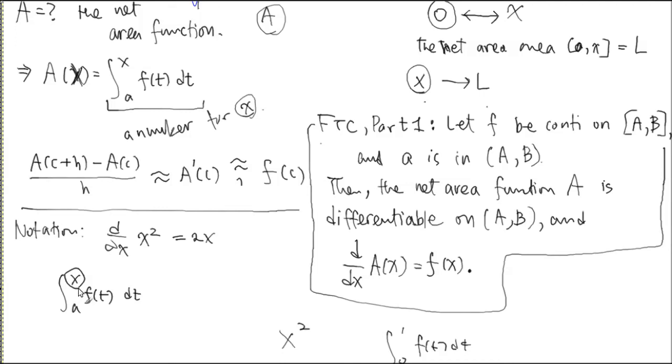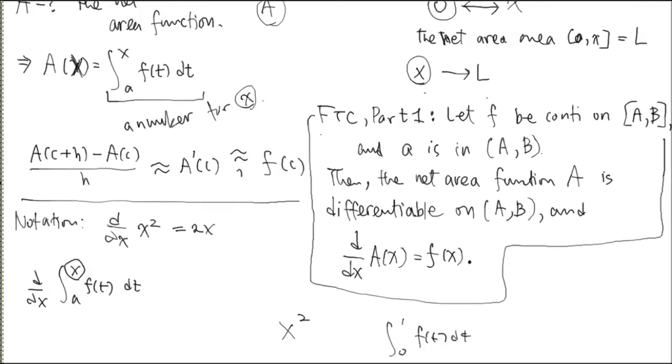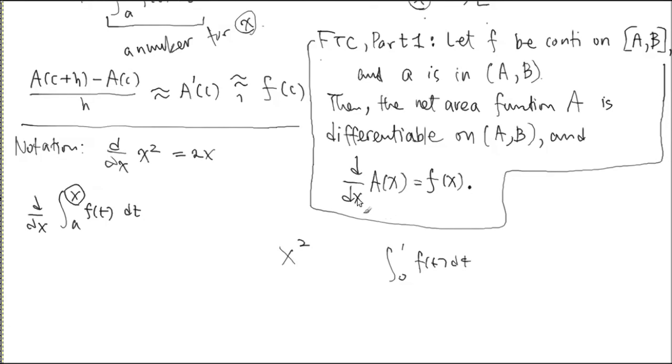Net area function. But I didn't name it A(x) here. This whole notation is representing the net area function. Does that make sense? Therefore, we can put this d/dx notation. Just like x squared, I didn't name that function, but you understood what I mean by that.